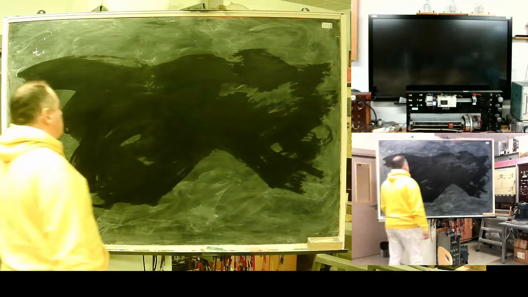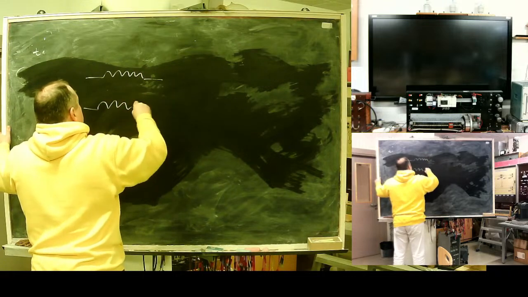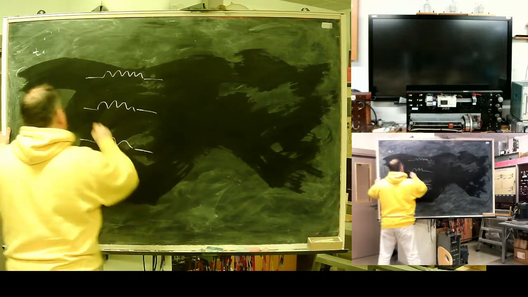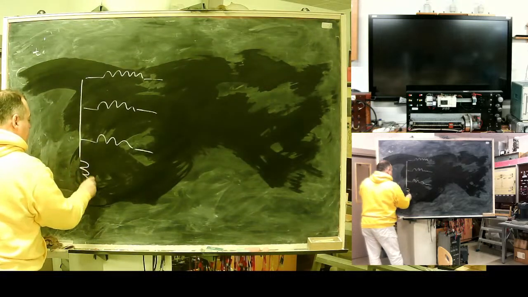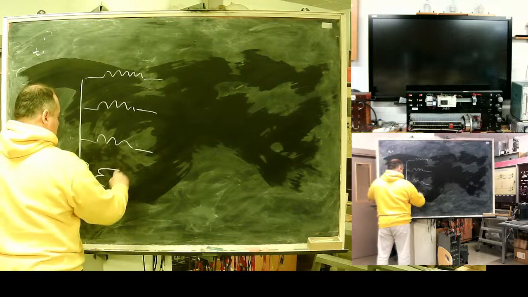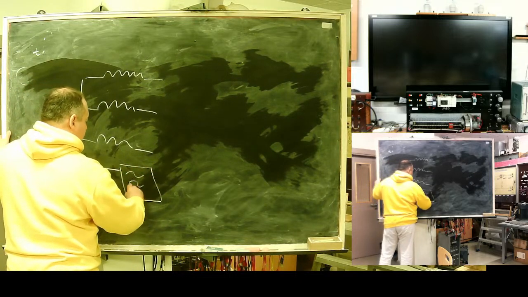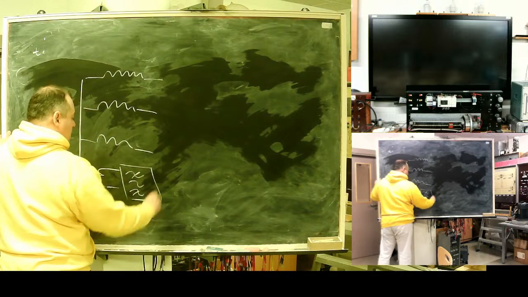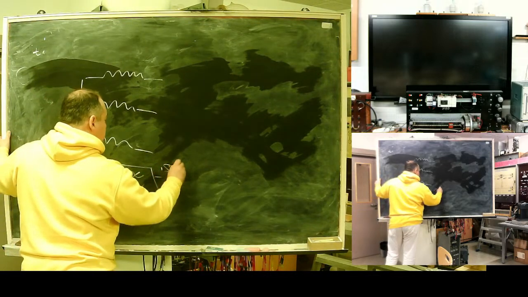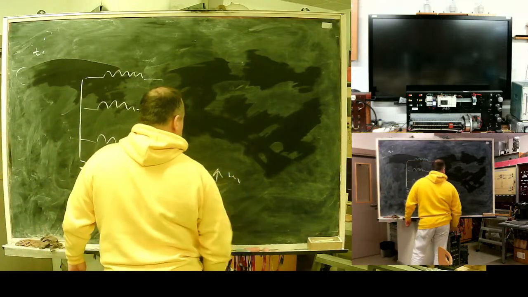This protection, how does it work? Grounding transformer, from here it goes to a band pass filter of 150 Hertz. This is voltage 1.